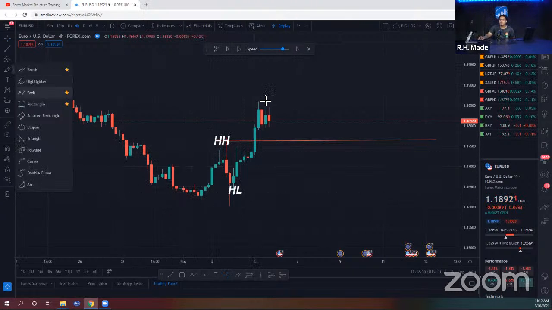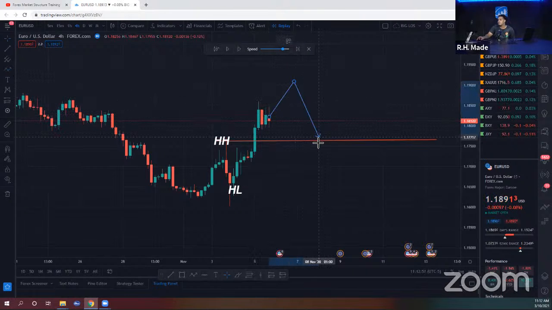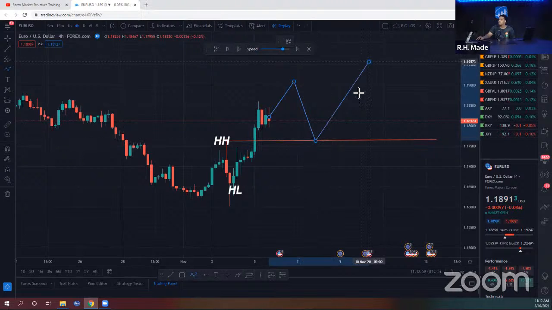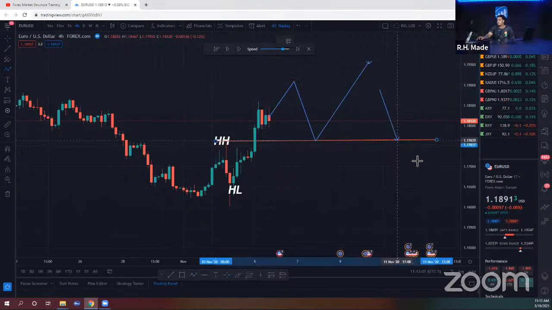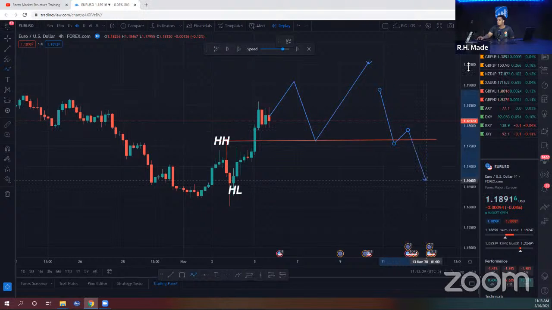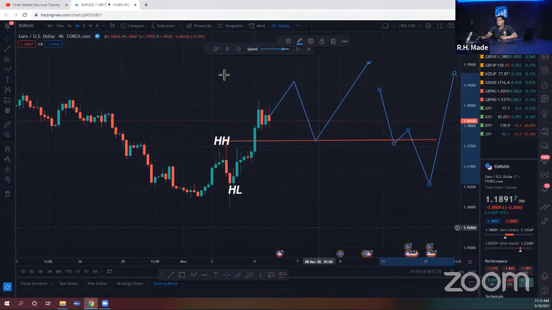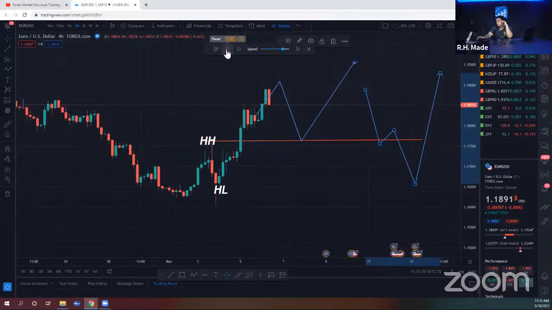So we're looking for either, boom, at the retest, or for it to come down. Again, two options: the higher low, and then take off. There's always two options. Let's see how it plays out.